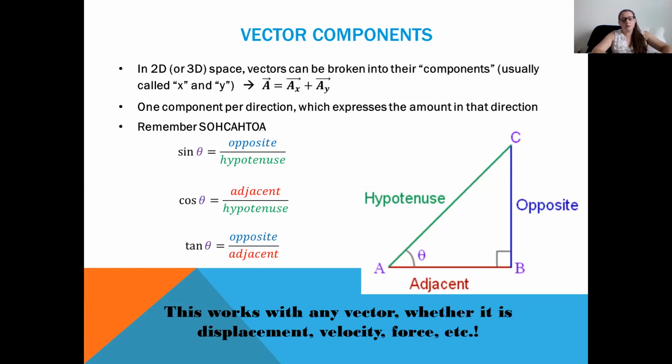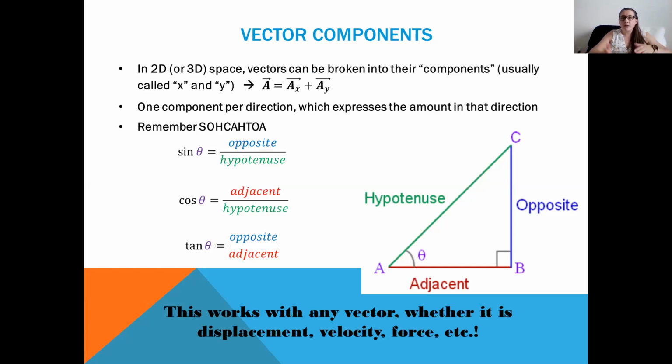Okay, so like I was just talking about, the components. When we're dealing with 2 dimensions or 3 dimensions, we break vectors down into their components. And usually, like we saw in the simulation, we'll call those the x and y components to just keep in mind our graphing mindset, right?